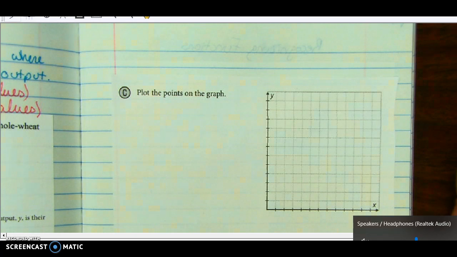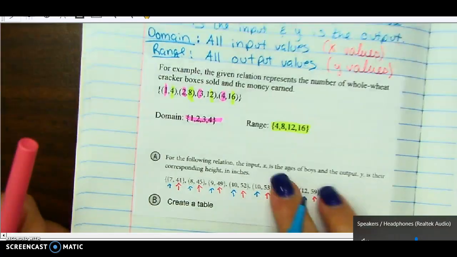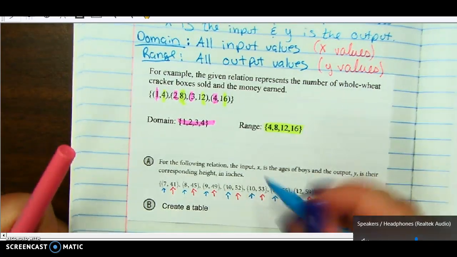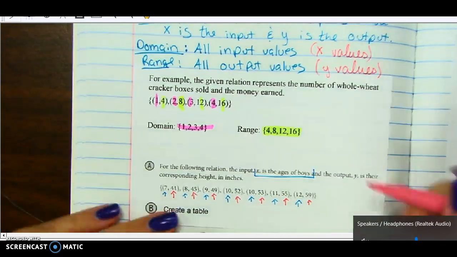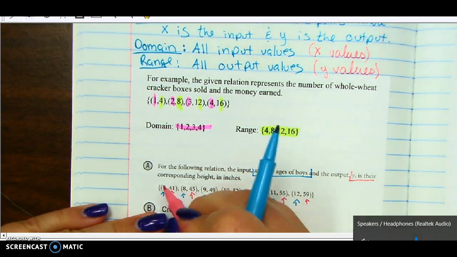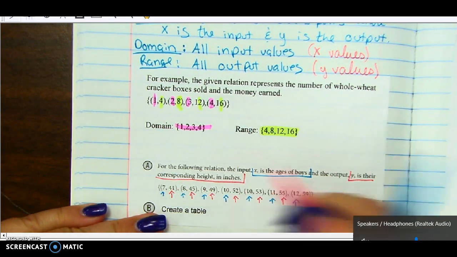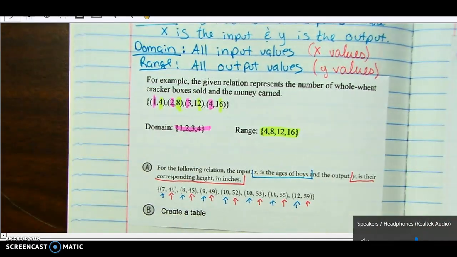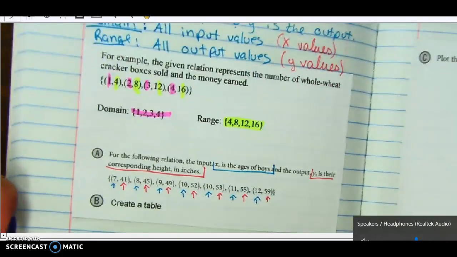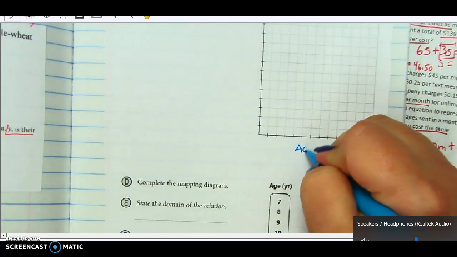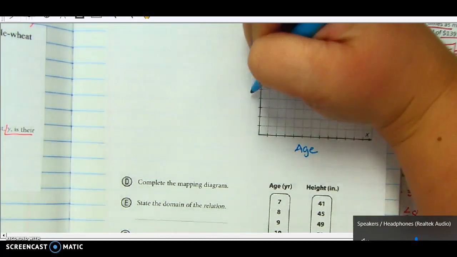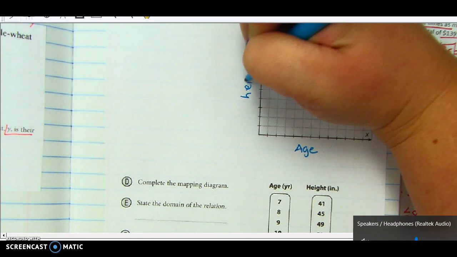If we go back to this here, it told us our input X is the age of boys. The output Y is their corresponding height in inches. So our X values are ages, and our Y values are height.